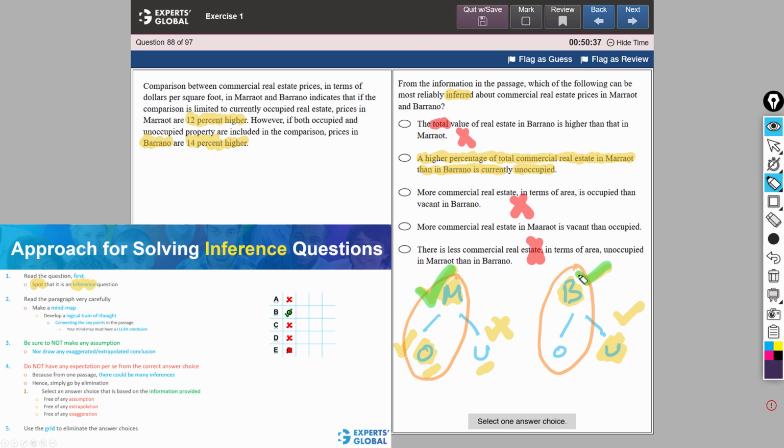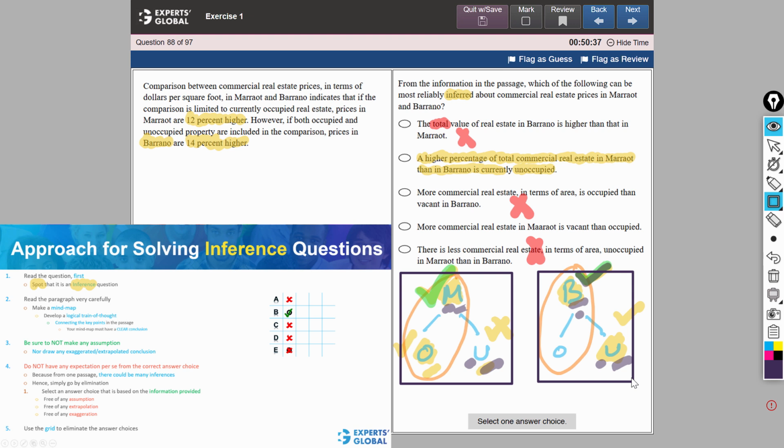Since overall B won, and we know that BU is more expensive than MU, it means that the proportion of U in M is greater than the proportion of U in B. That is why the overall per unit value at M is less than the overall per unit value at B.